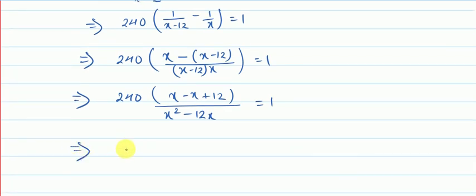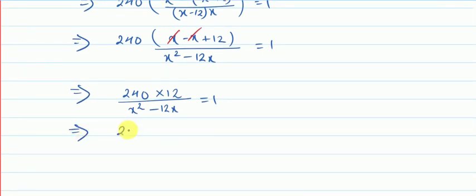Then you get 240, here x and this cancelled, so you are left with plus 12, which will multiply over here.